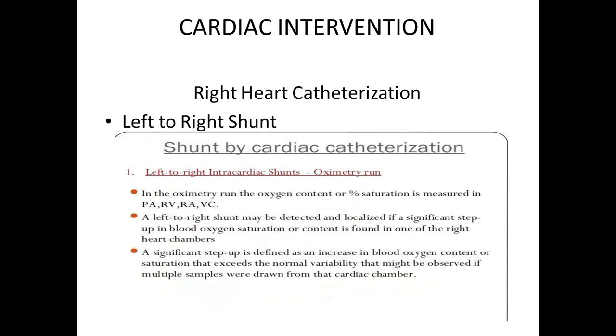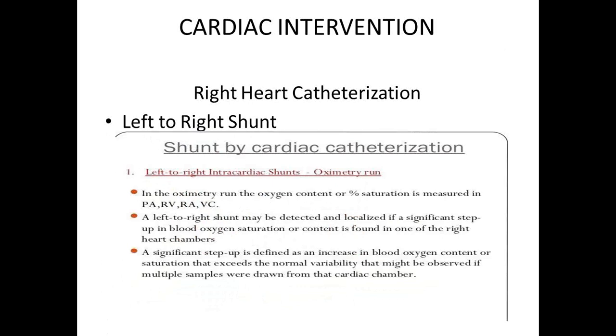We're going to do oximetry or oxygen content, and we measure that in the right atrium. So we can do it in the high right atrium. That is just where the superior vena cava enters the right atrium, because, say, you might have an atrial septal defect, the ostium venosum defect, which is high up, or you might have an anomalous pulmonary venous return.